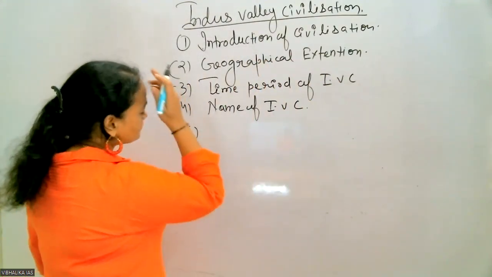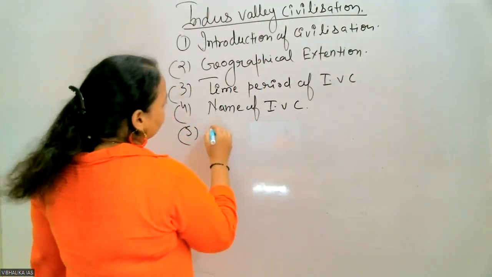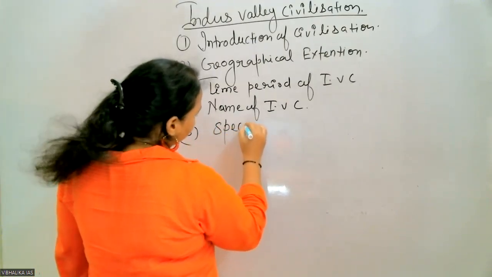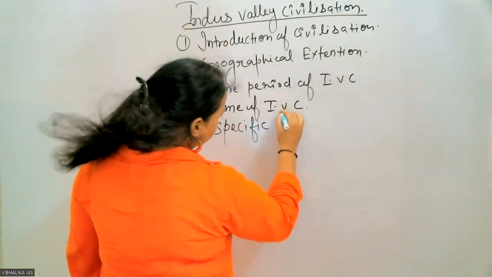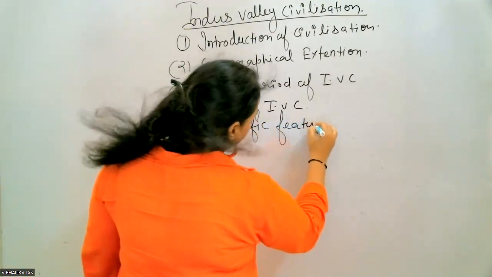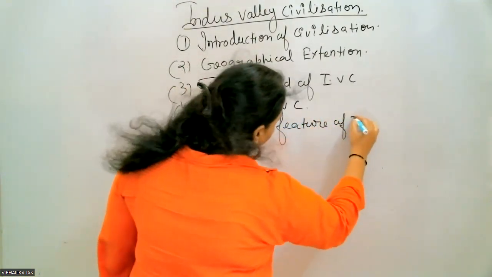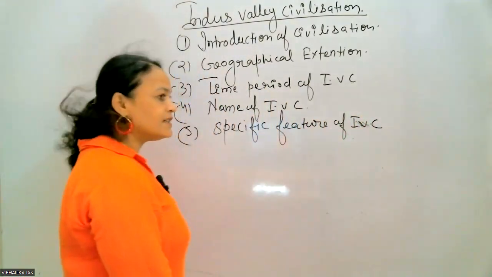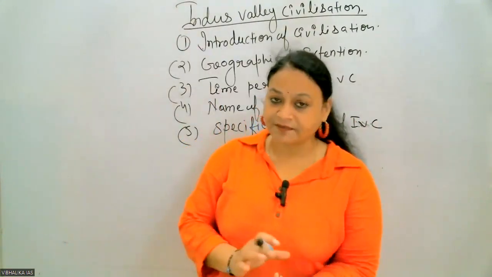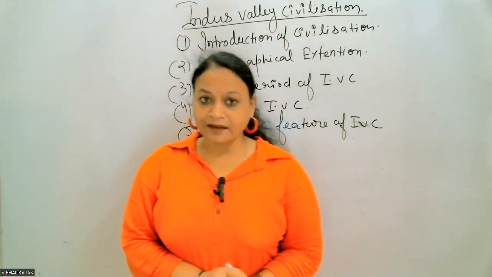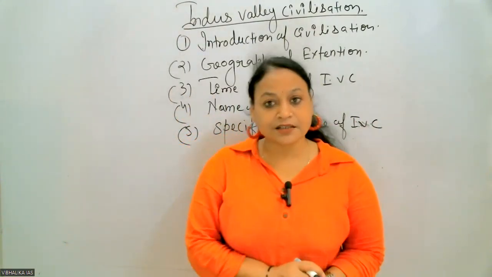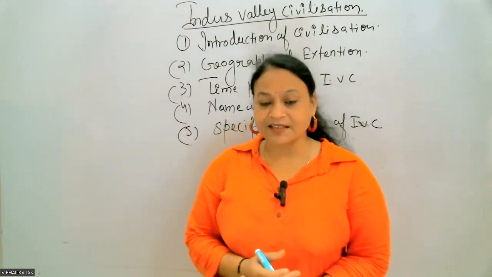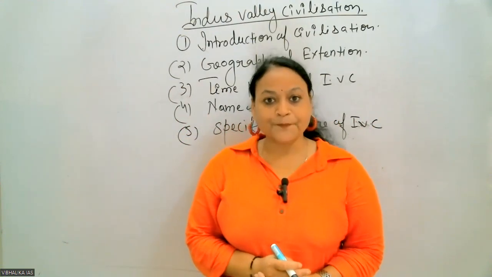Number 5, we will cover specific features of Indus Valley civilization. You know, students, this is the first civilization of India, and this civilization is unique among other contemporary civilizations of the world.